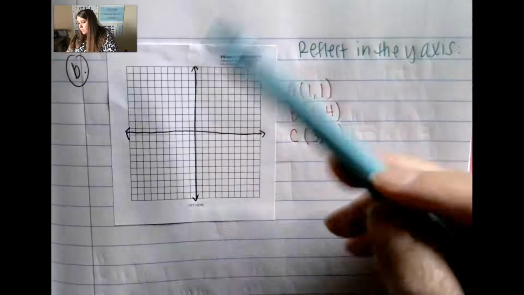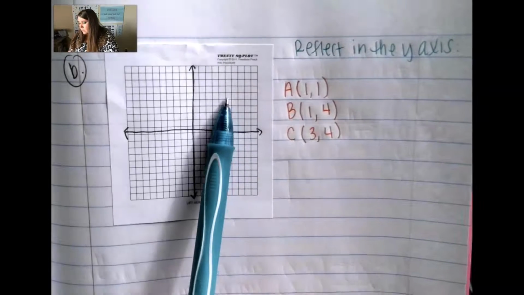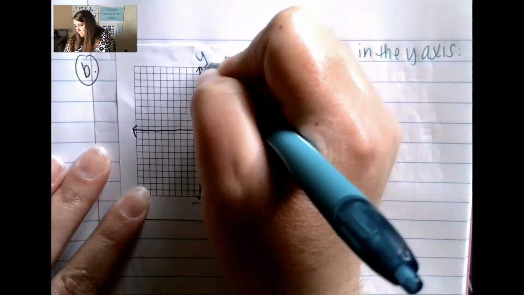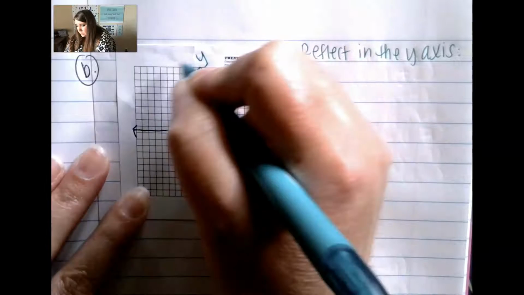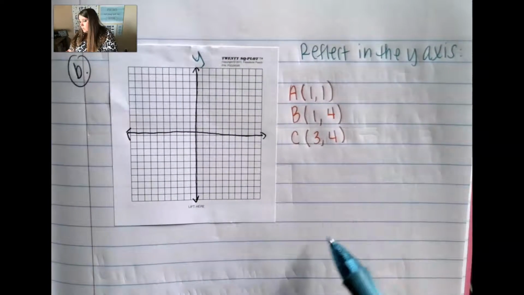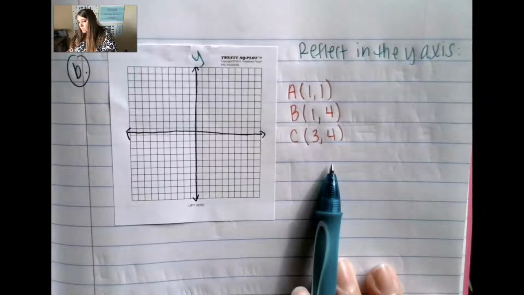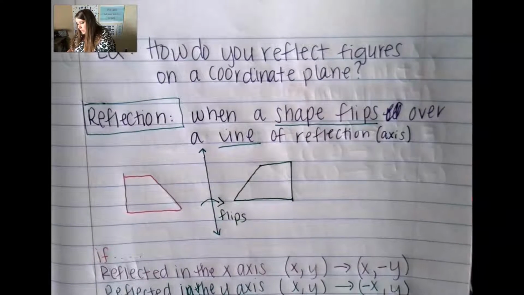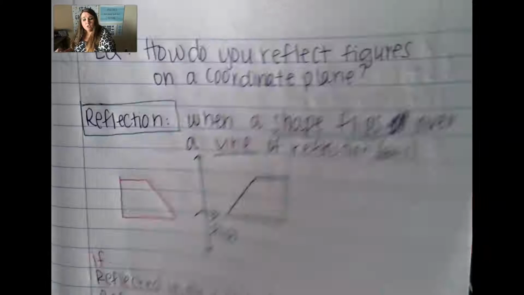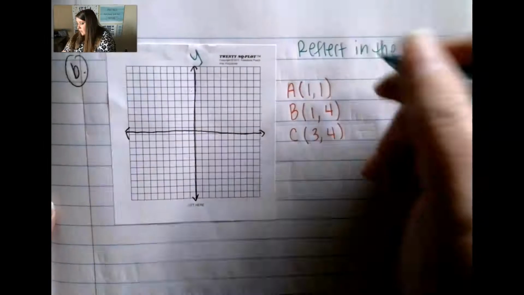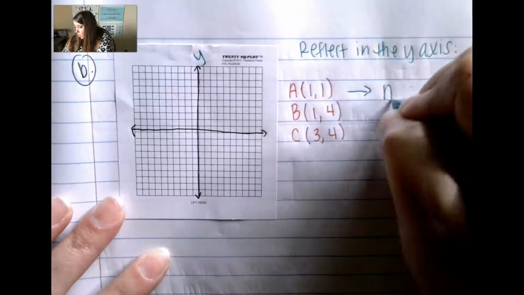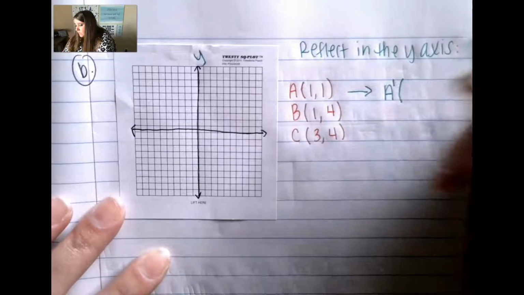So that means that we are reflecting from here over to here. Here is my y-axis right here. So my flip is happening from this one to this one. So that means that as we flip over the y, the y values stay the same. The only thing that's changing is your x values. So as we flip, we're going to change only the x values.